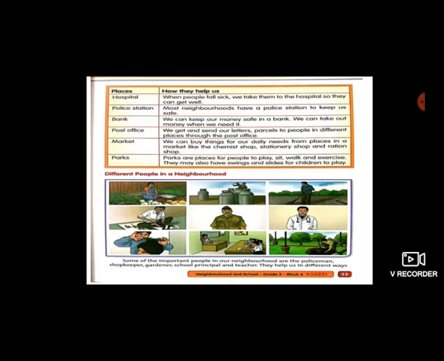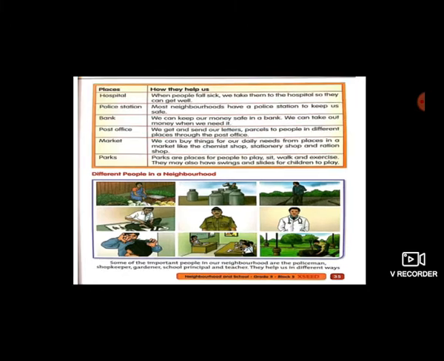Market, it is also very important because we can buy our daily needs from the places in a market. Shops that we can have in a market are chemists, from where we can buy the medicines, stationery shops, ration shops. So these are very important shops that we need on daily basis.